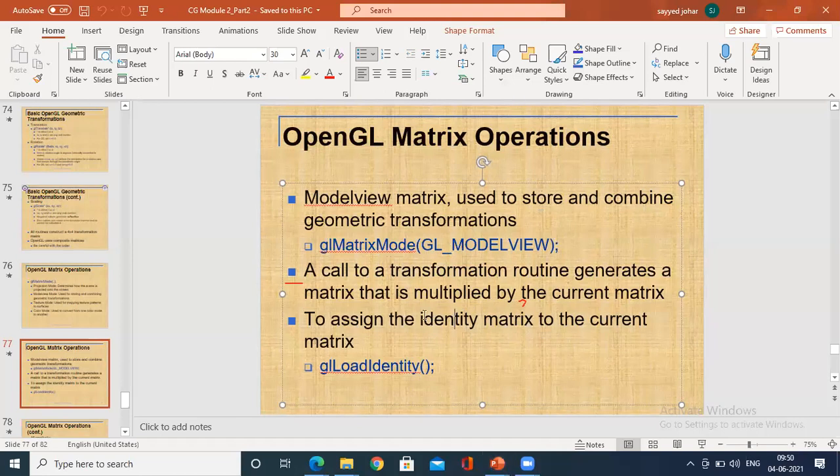When we call such transformations, it generates a matrix that is multiplied by the current matrix. Hence, we have to compulsorily load the identity matrix. If you don't load it, the composite transformations will not happen. So the init function compulsorily consists of loading the identity matrix in the model view matrix.